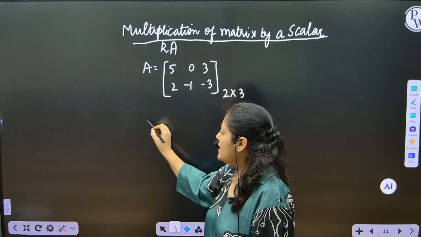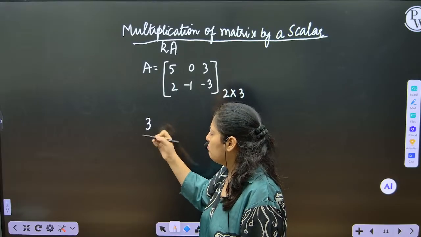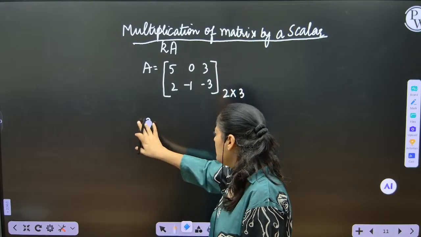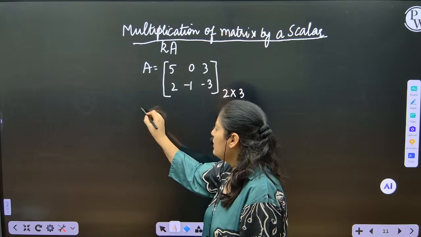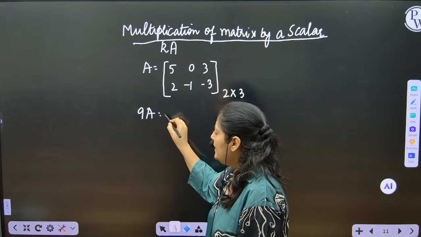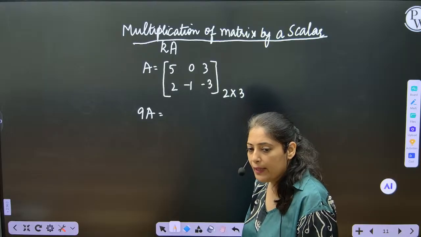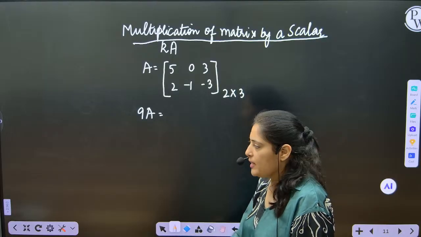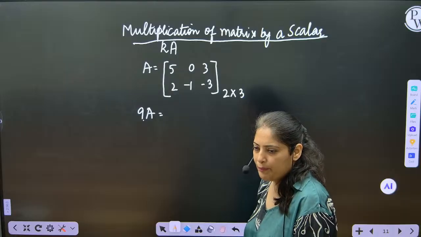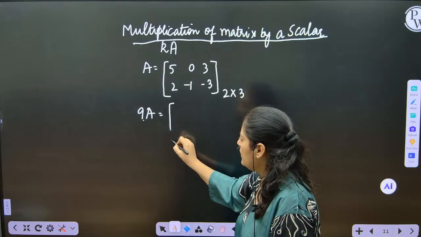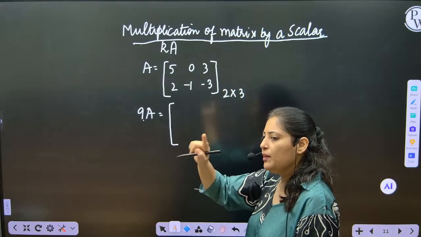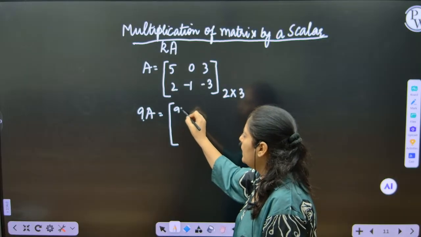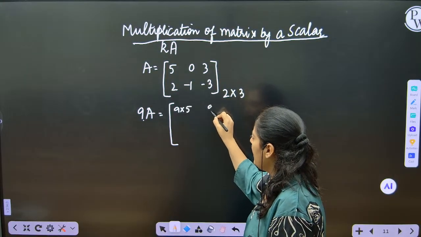Suppose K is 3 or 9, anything it can be. Randomly I'm taking 9 times of A. If I am multiplying any matrix with 9, this 9 will be multiplied with all the elements. 9 into 5, 9 into 0.